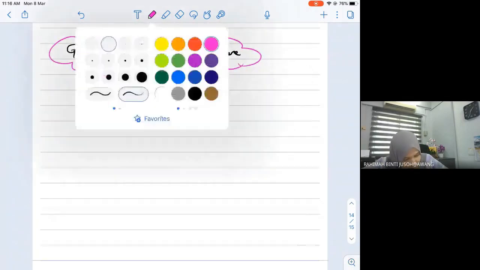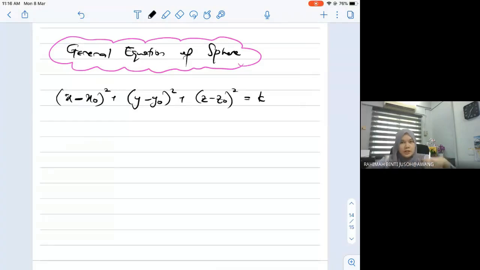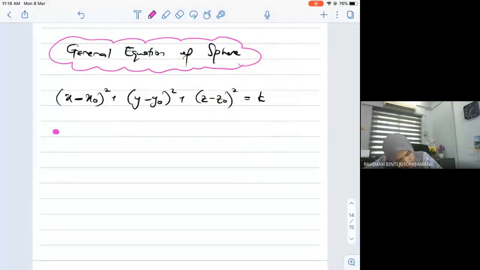It's something like this guys, when we have an equation like this, x minus x naught squared plus y minus y naught squared plus z minus z naught squared equals to k. Okay, when you have an equation like this, we have three conclusions here.